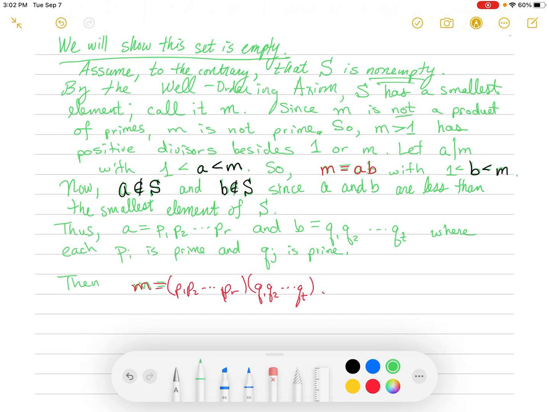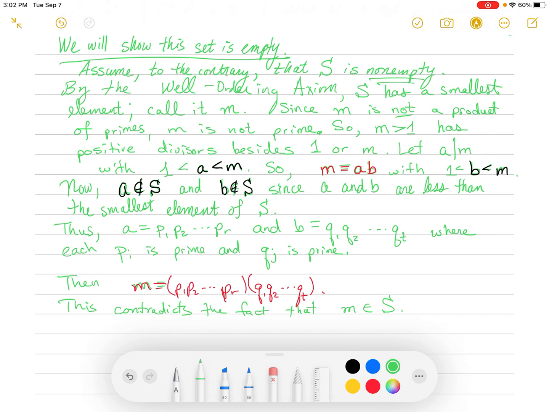So let's say it like this. The fact that M is a product of primes contradicts the fact that M is in S. Right?